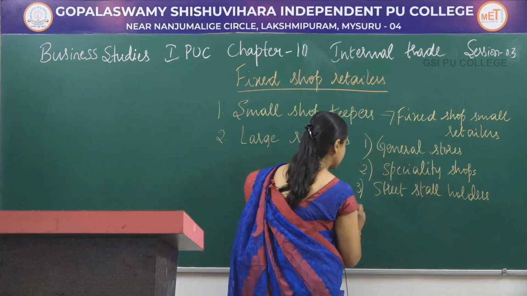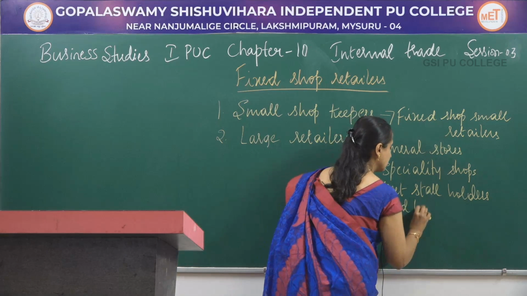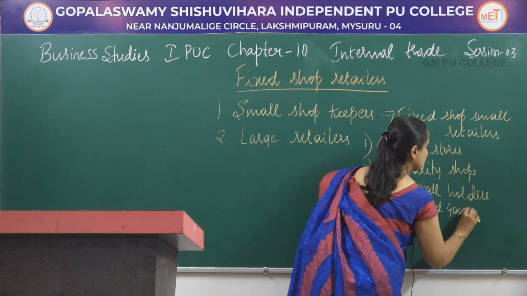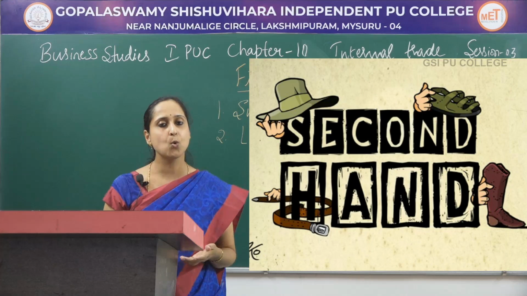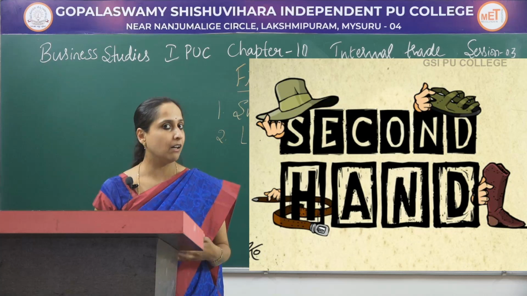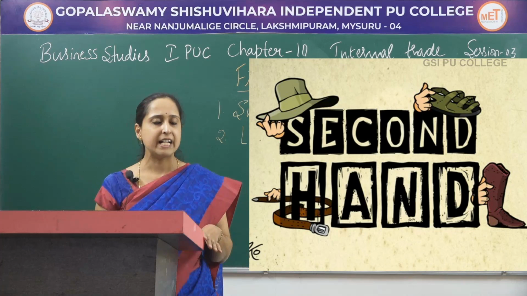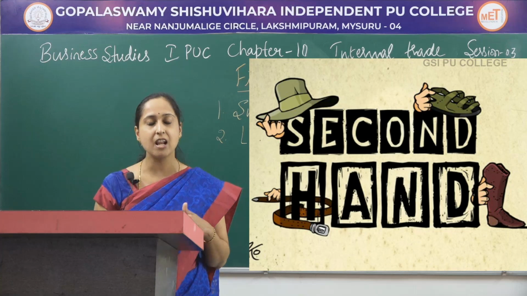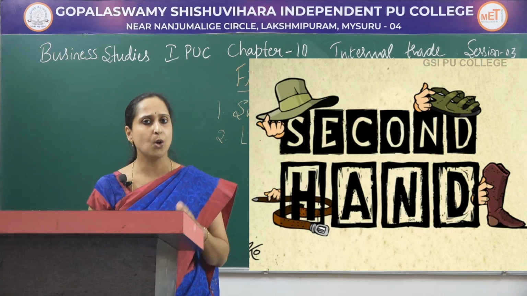Fourth one is second hand goods shop. These second hand goods shops deal with used items like books, clothes, furniture, etc. They sell the goods which are already used at quite a lower price.